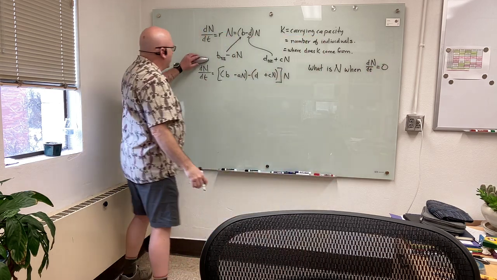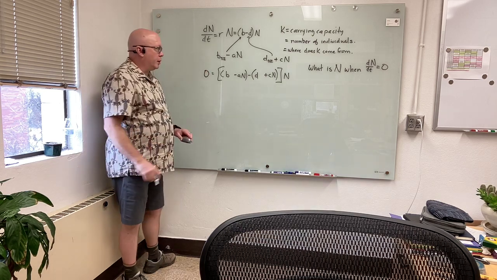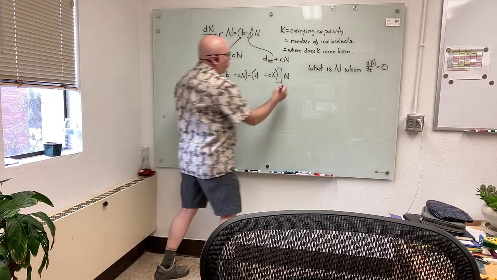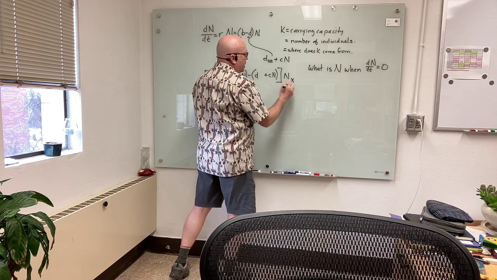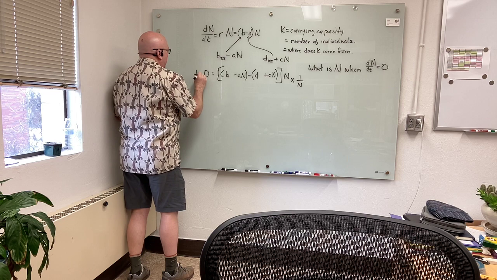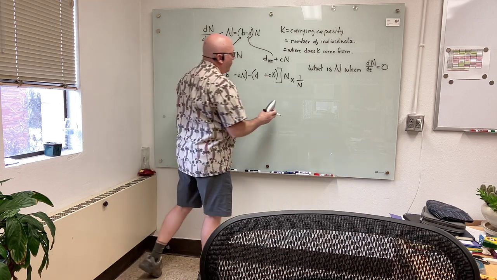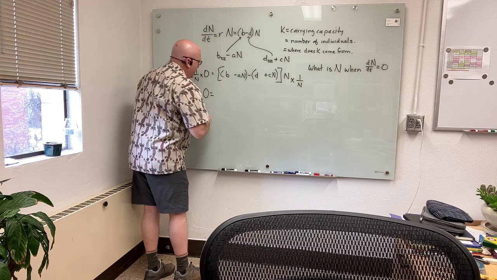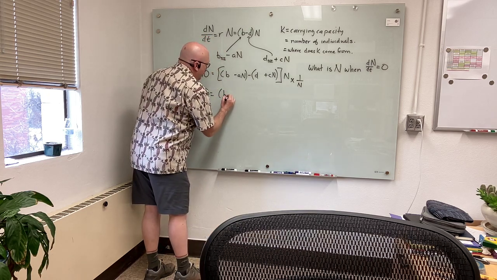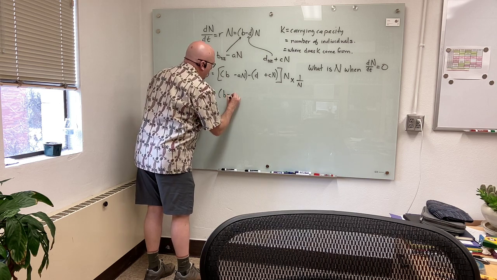This is a mathematical trick that allows us to set this side of the equation to 0. Now we can get rid of population size on this side by multiplying times 1 over N. This is still 0, but the effect of that is it gets rid of population size. So now we just have these two expressions on the right-hand side.